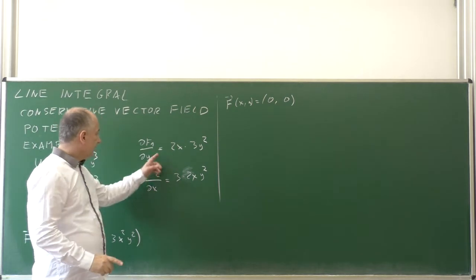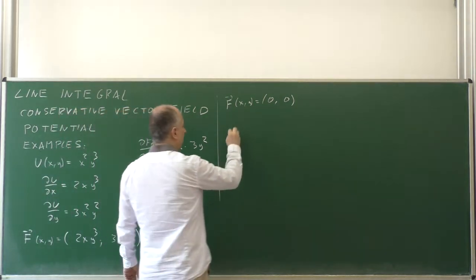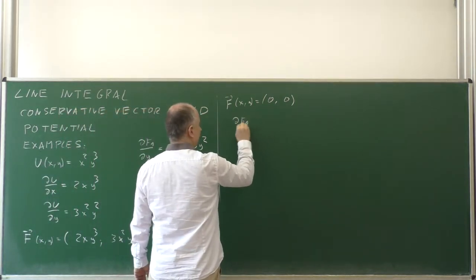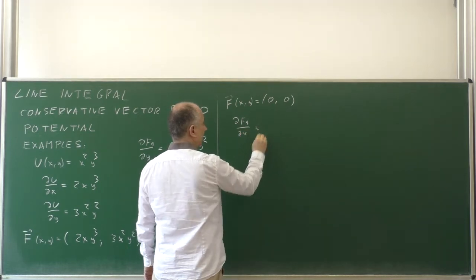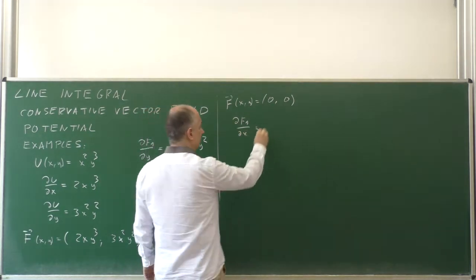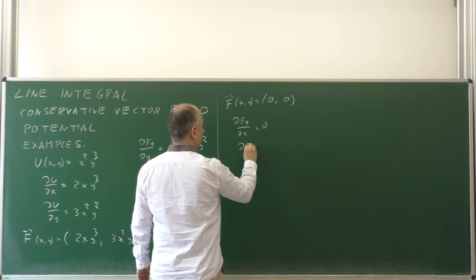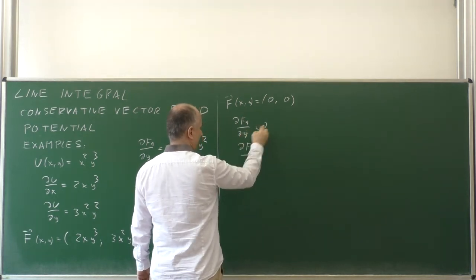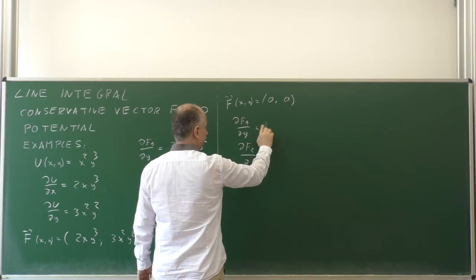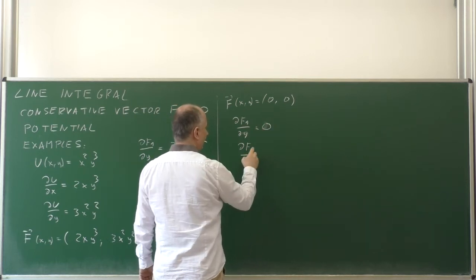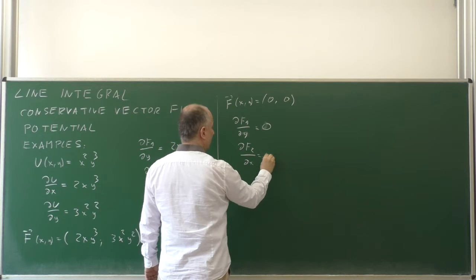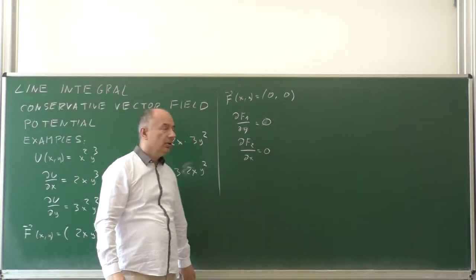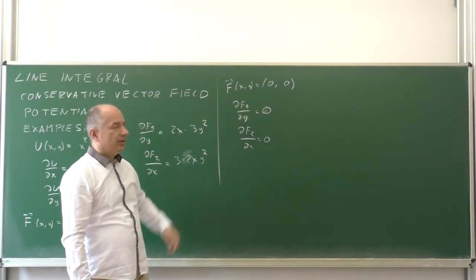First, does it satisfy that these derivatives are equal? If we compute the derivative of f1 with respect to y, 0. If we differentiate f2 with respect to x, still 0. Yes, they are equal.